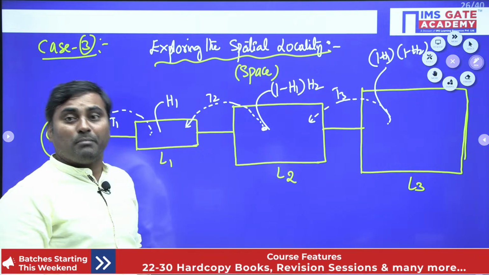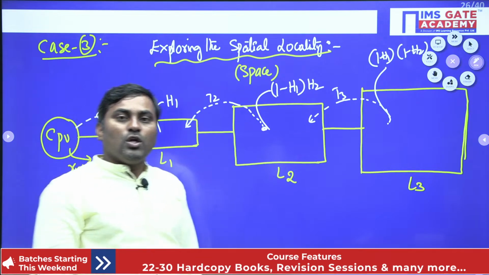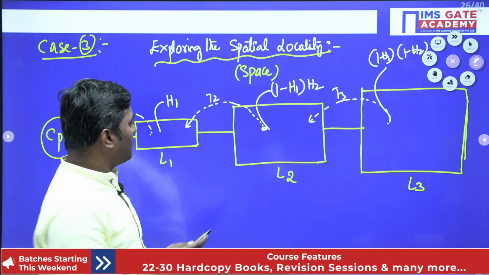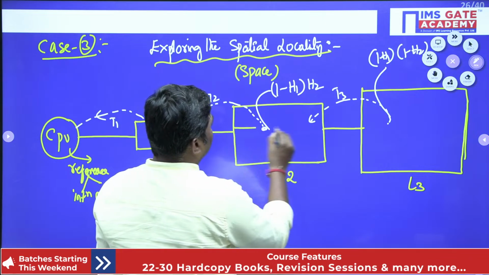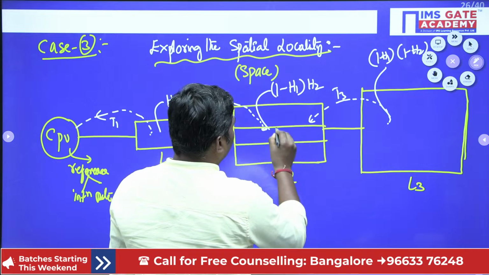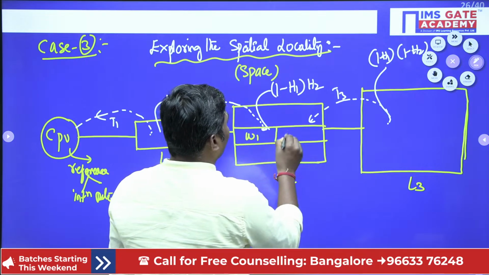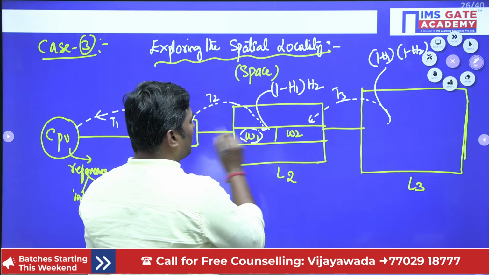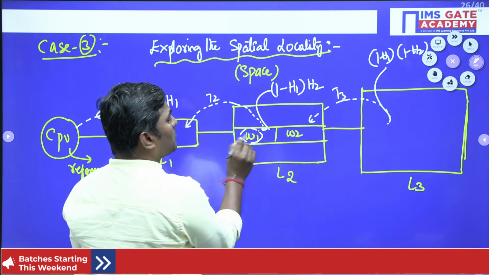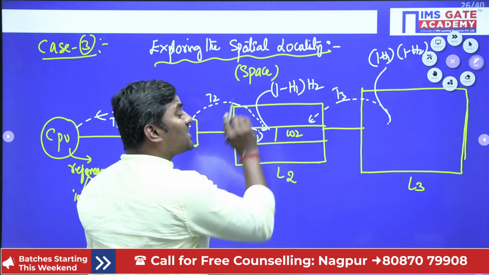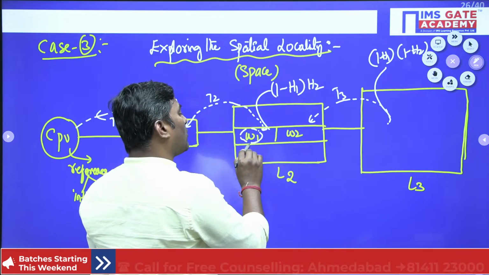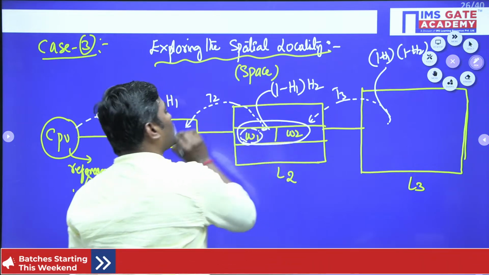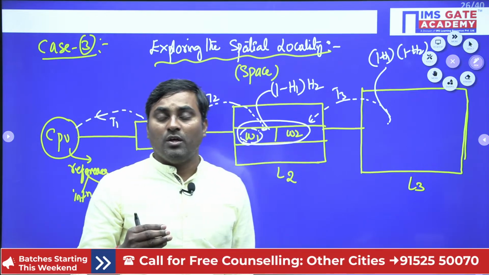Spatial locality means locality of reference needs to be transferred. What is locality of reference here? Suppose there are two words, word 1 and word 2. You are looking for word number 1. Here a miss occurs, so I search here. Now spatial locality says that along with word 1, the adjacent word also you transfer. What is the benefit?